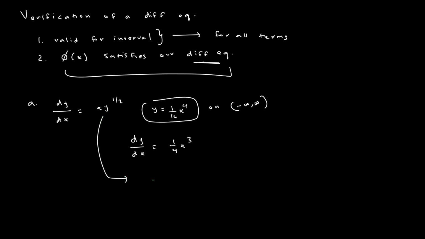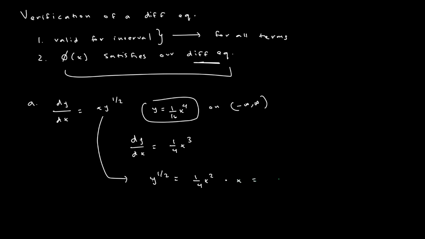So we know that y is this term, so y to the power of 1/2 is equal to 1 over 4 times x squared, and then we multiply that by 1 over 4 times x to the power of 3, and so we end up getting 1 over 16 times x to the power of 5. We're multiplying this by x, just x.